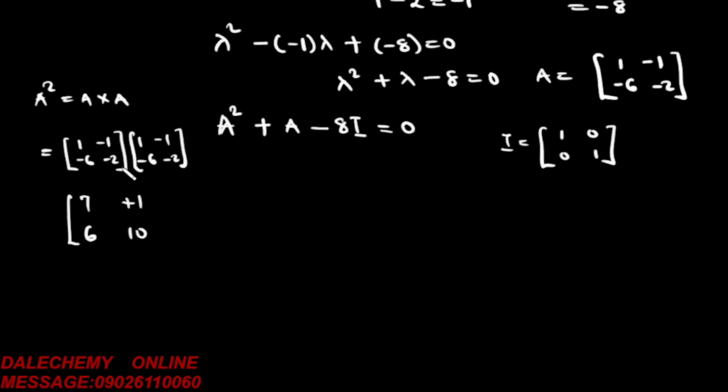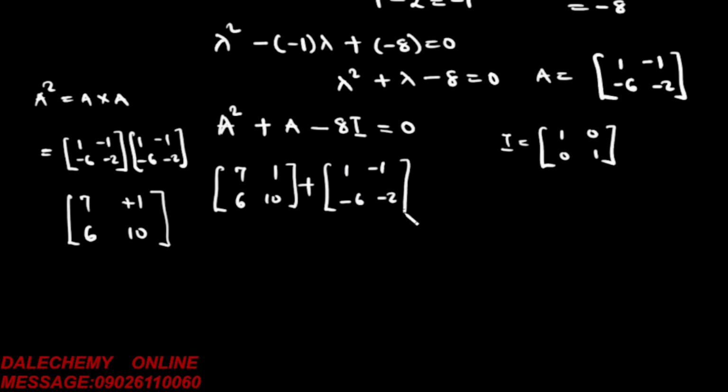So we have this as our A squared, so we put it here: A squared becomes 7, 1, 6, 10, then plus A, which is 1, minus 1, minus 6, minus 2, and minus 8 times I, which is the identity matrix.